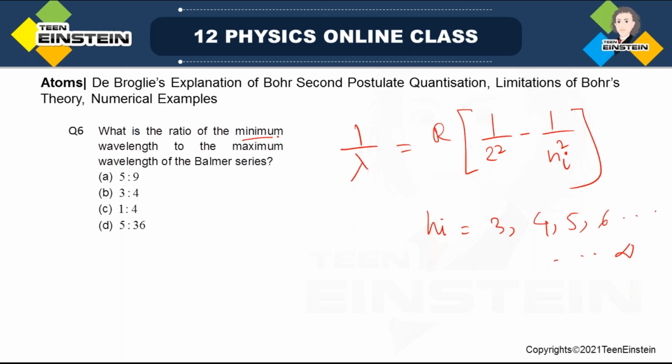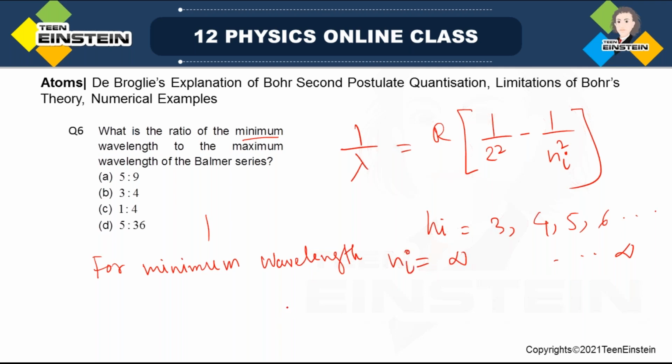Now for minimum wavelength, n_i has to be equal to infinity.